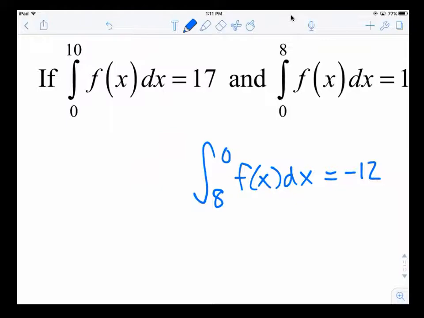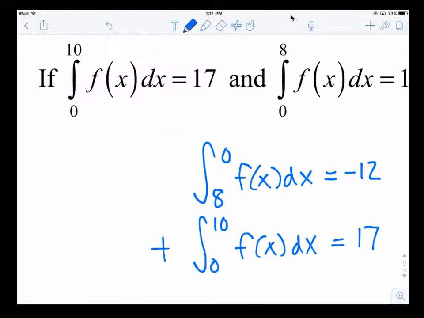What second integral expression? Good. 0 to 10 of f of x dx, and we know that that is 17, right? So if I put them together, what is 8 to 10 going to give me? Five, right?